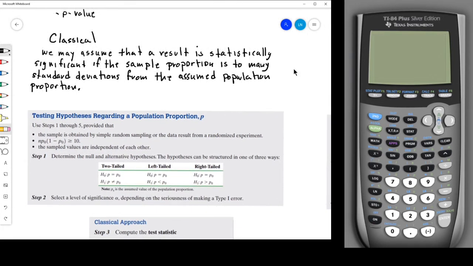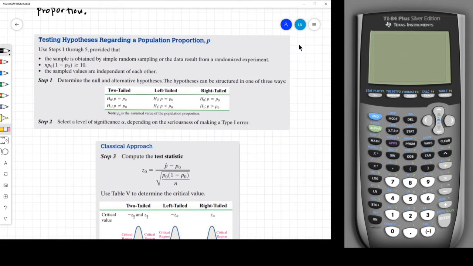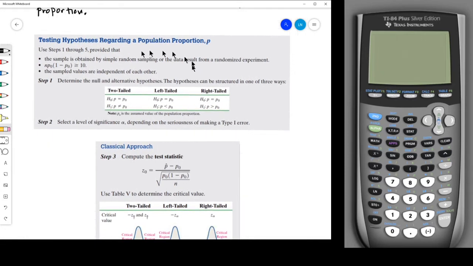Now, we may assume that a result is statistically significant if the sample proportion is too many standard deviations from the mean, which is the assumed population proportion under this condition. So the idea here is we start with our basic hypothesis test, the first part of which we actually talked about in the last video.